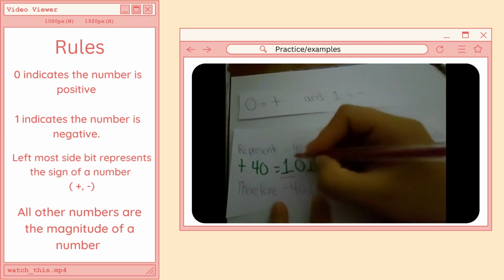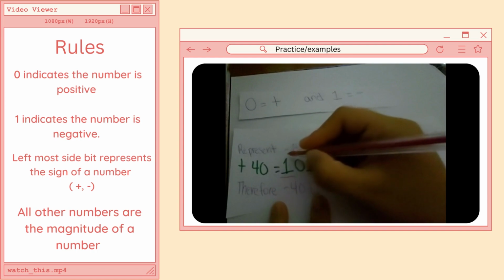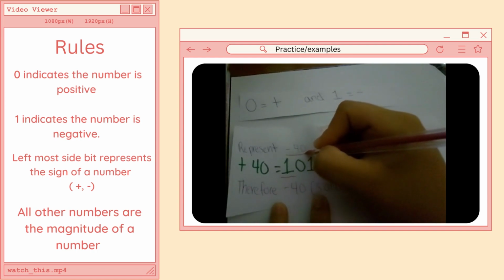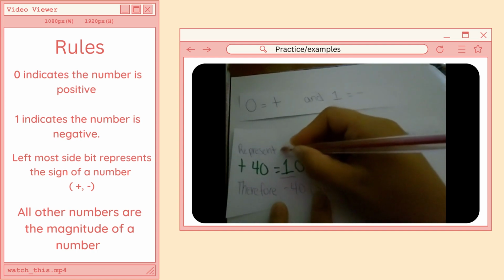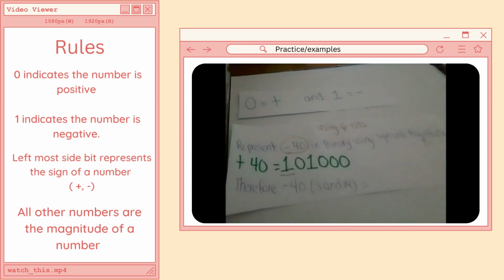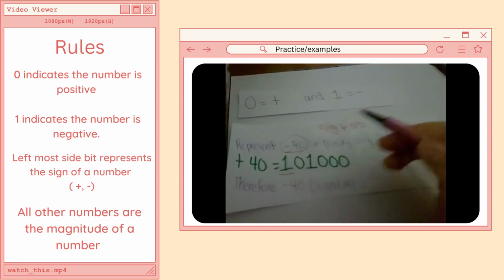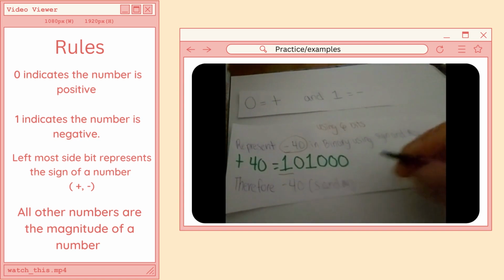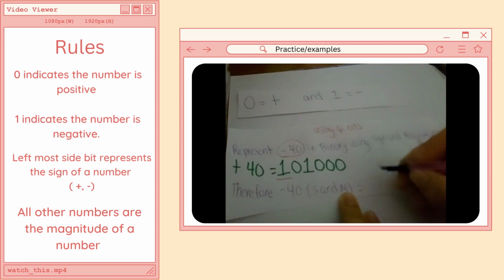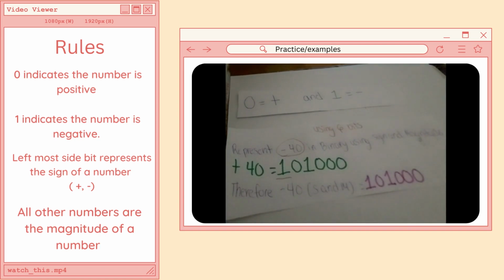And in this example, we are looking for negative 40. Therefore, this number will remain the same because 1 represents negative. Therefore, negative 40 would be 1, 0, 1, 0, 0, 0 in sign and magnitude.